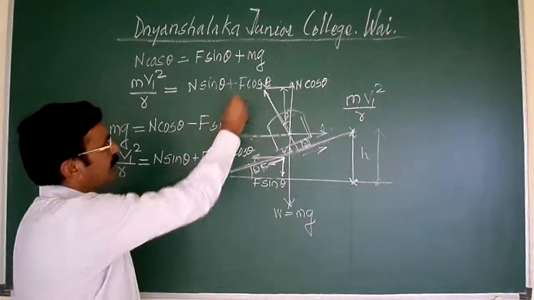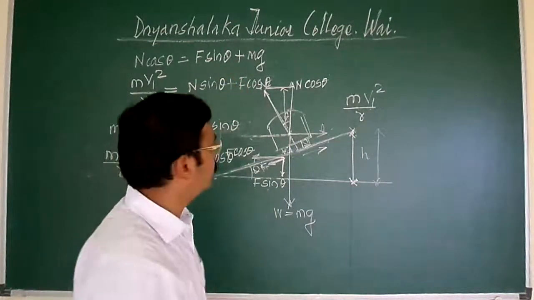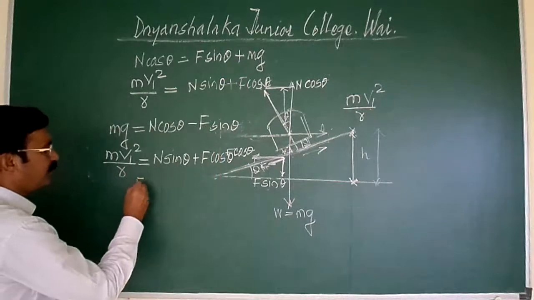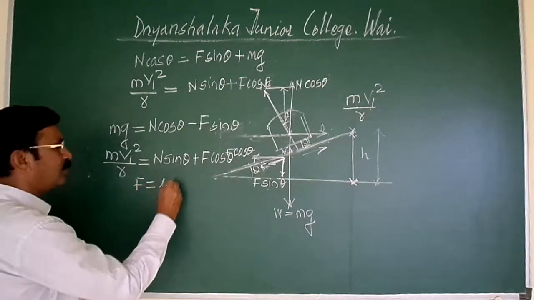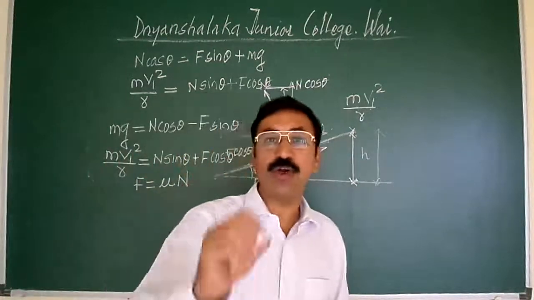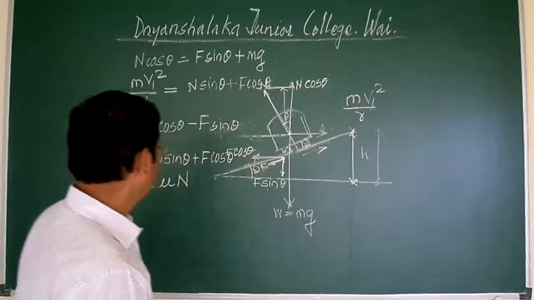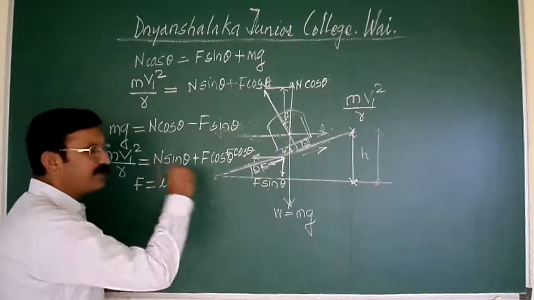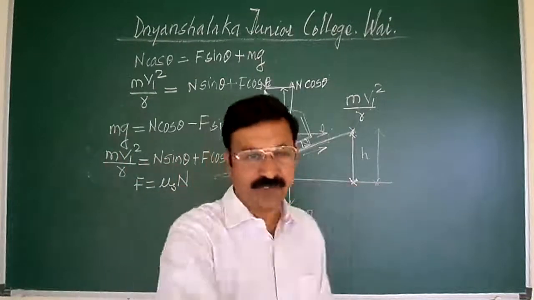We also know that F is the frictional force, and the frictional force F is always equal to mu times the normal reaction, where mu is the coefficient of friction. If we write it as mu s, then it will be coefficient of static friction.